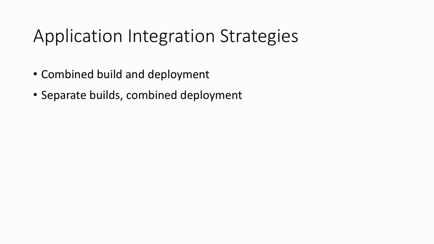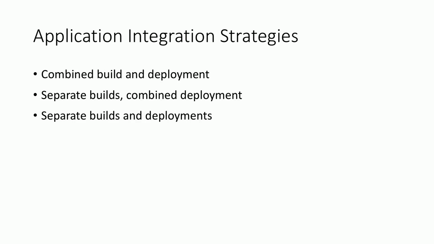Another, with an increasing separation of concerns, is to have separate builds that are still combined when they get deployed. And a third strategy is to have a full separation of the builds, so you have completely independent builds and completely independent processes for the front end and back end.